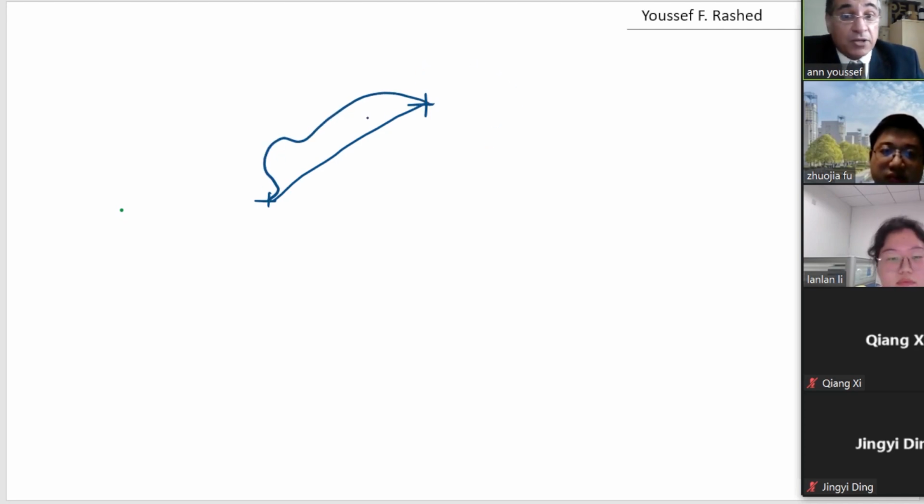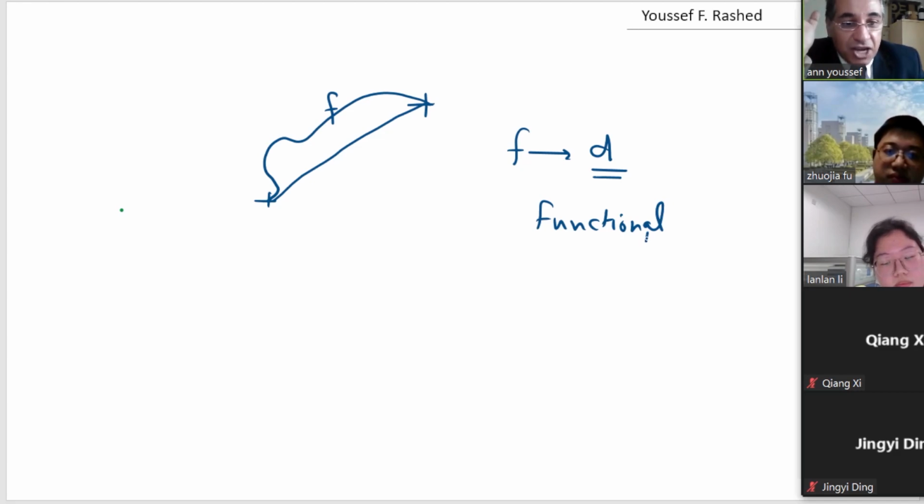You choose any path, and each path is your function, so this function is arbitrary. Each function is associated with a distance, and this distance is called a functional. It is a function and "al", which comes from real.